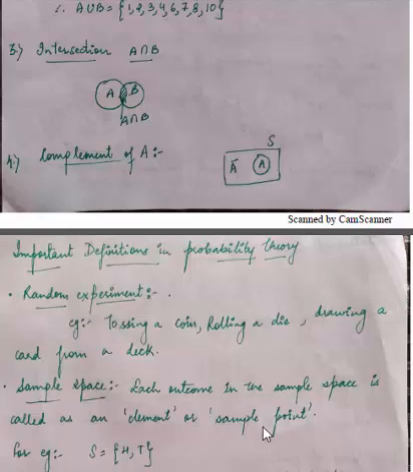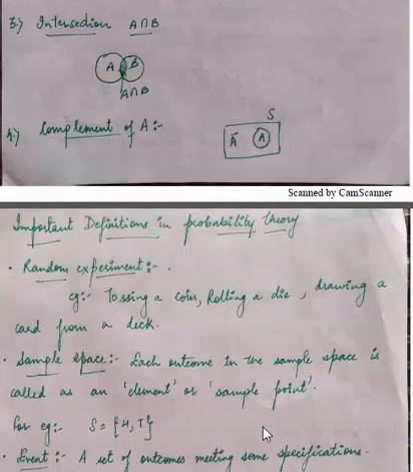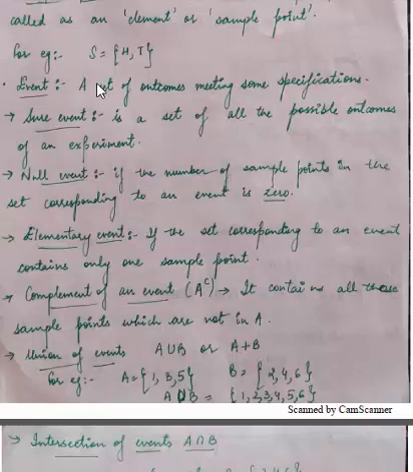For example, the sample space of tossing a coin will be S equal to head and tail, having only two elements or two sample points for tossing a coin. Next is event.